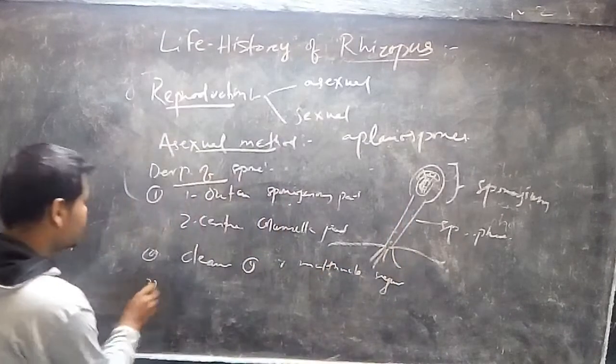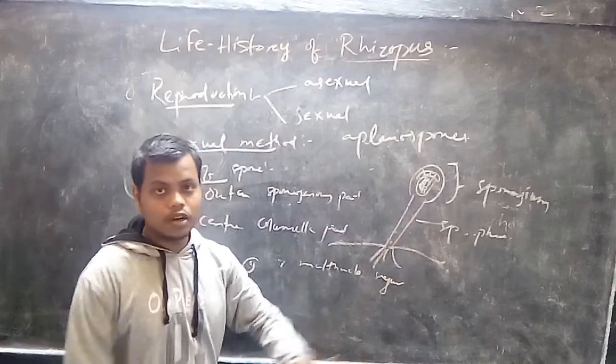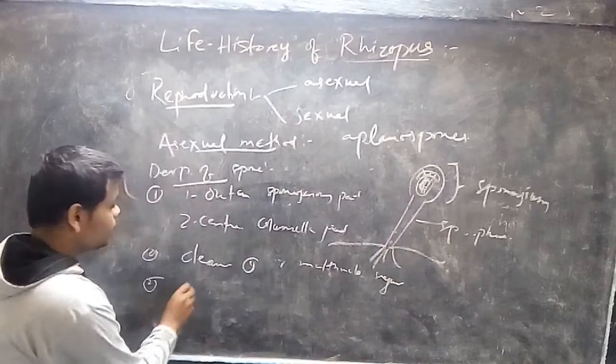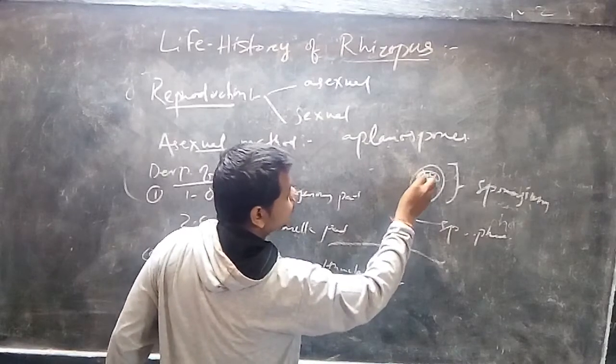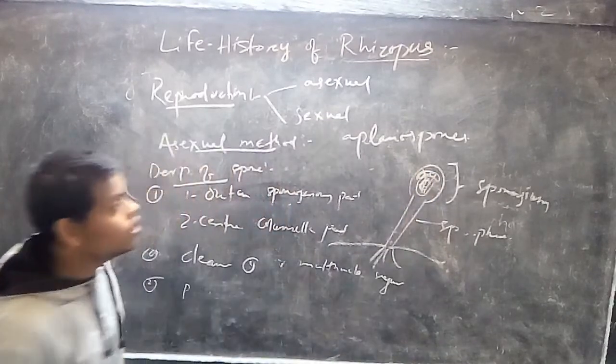Then in the third stage, these multinucleate segments are covered by a protective layer. These protective layered, multinucleated structures are nothing but your aplanospores.